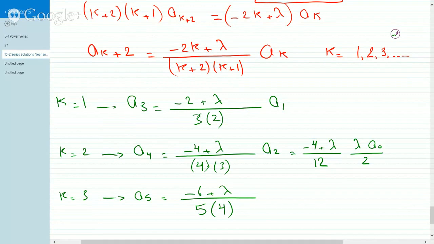Okay, and then here times a3, and a3 is nothing but this one here. So minus 2 plus lambda over 3 times 2 a1.